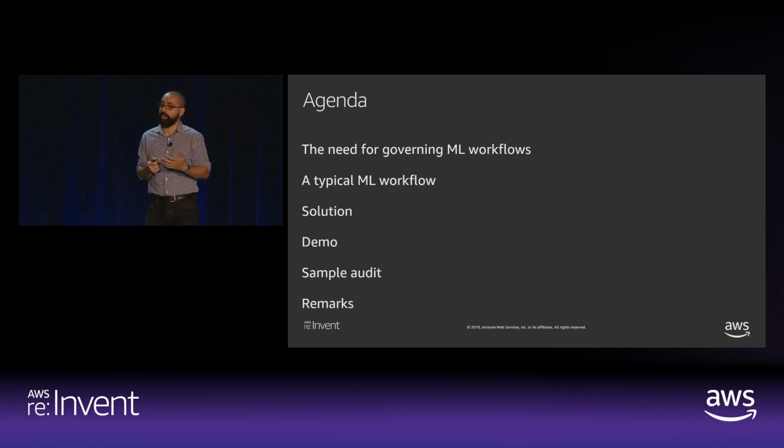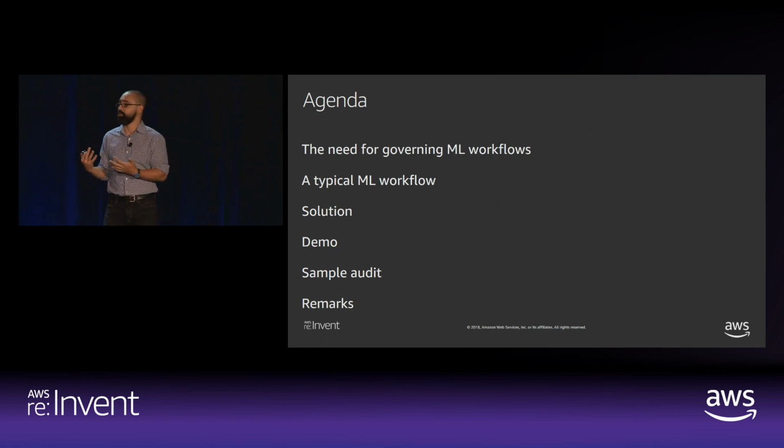Then we'll talk about a typical machine learning workflow, and this will help illuminate the problem that we're going to try to solve here. We'll go over the solution, and then I'll demo it for you. Then we'll do a sample audit so that you understand how this solution supports those goals. And finally, we'll wrap up with some remarks. I think this will be a really good use of our time together.